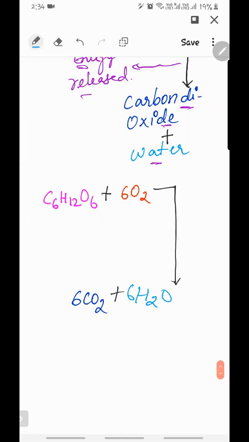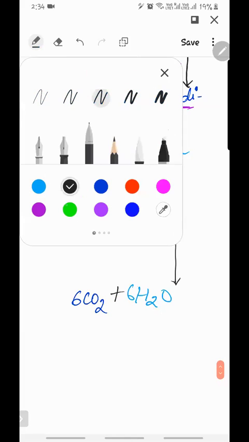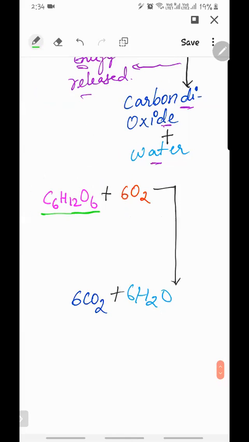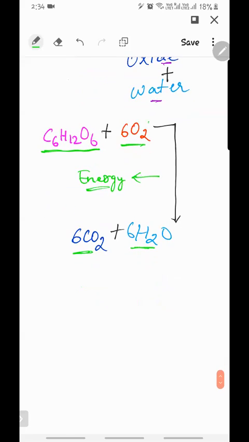Okay, this is the equation. When we burn one molecule of glucose in the presence of oxygen, carbon dioxide and water are formed, and energy will be released. Based on this, here the oxygen is used. Sometimes there are certain cells which don't use oxygen at all.